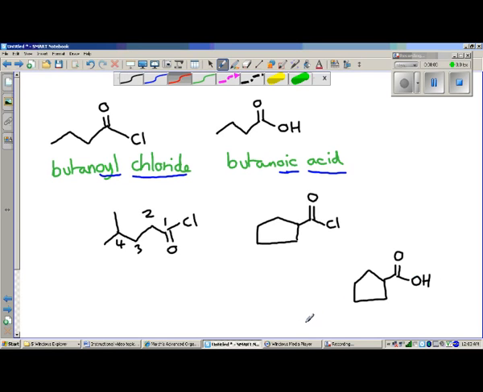Well, if you remember, you take the name of the ring, in this case cyclopentane, and then what do you add on the end? Well, you add on the words, 2 words, carboxylic acid. So that's simply cyclopentane carboxylic acid.